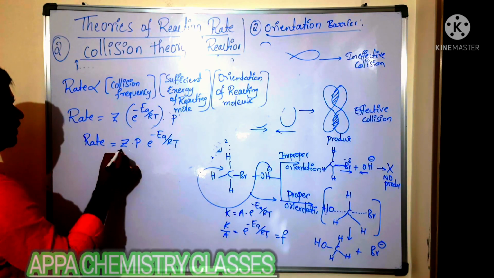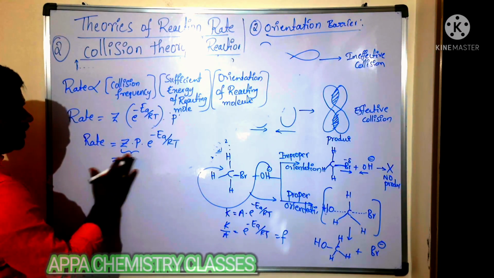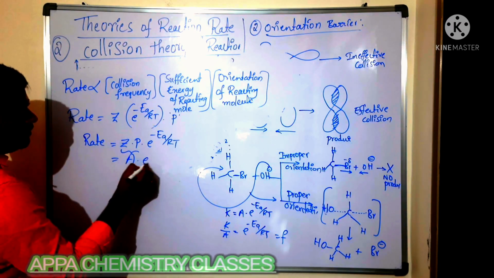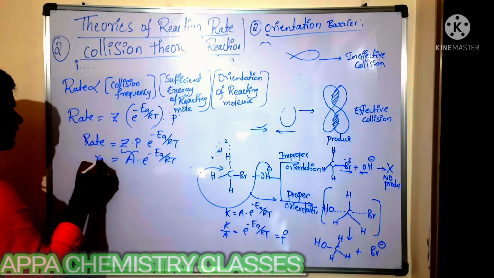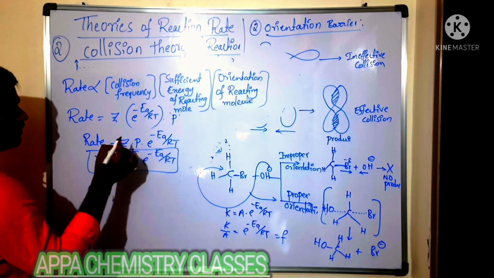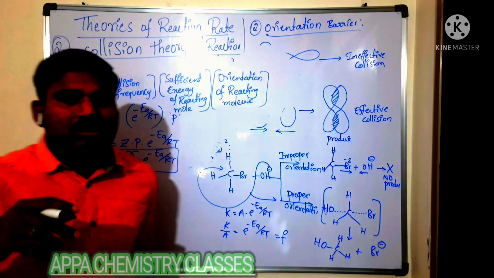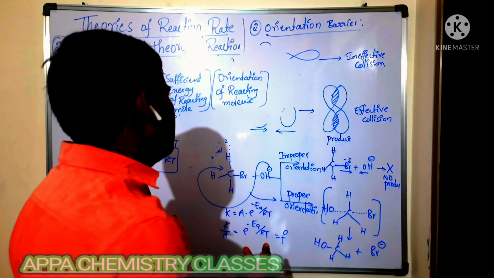Combining these, Arrhenius factor A into e power minus Ea by RT is the rate, when we take very high temperature. So that is collision theory.